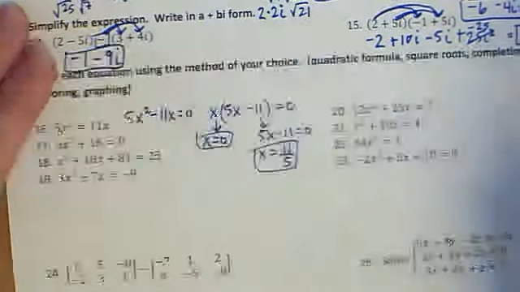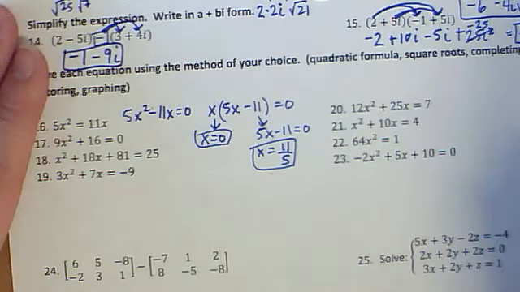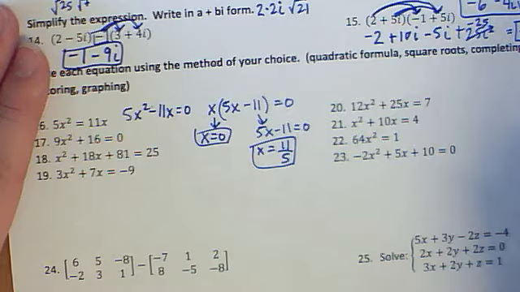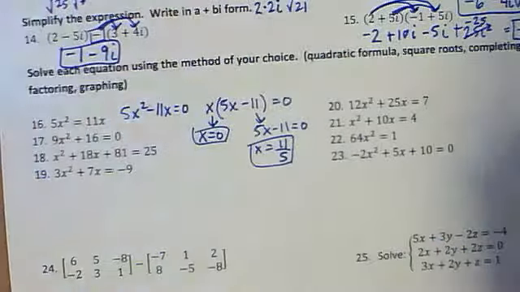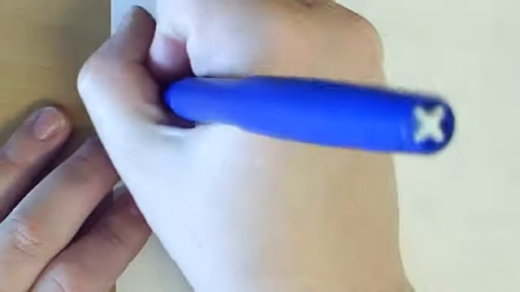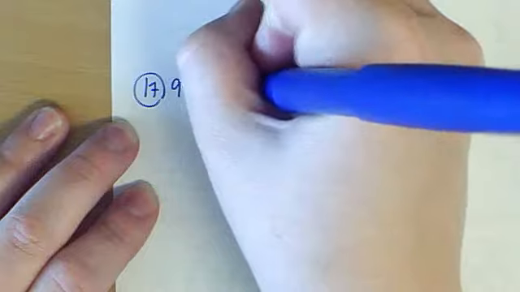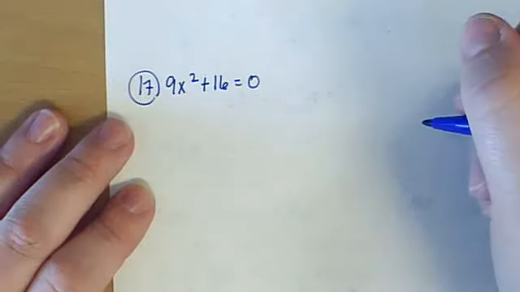Let me turn this over and we'll do some on the back. Number 17, I have 9x squared plus 16 equals 0.